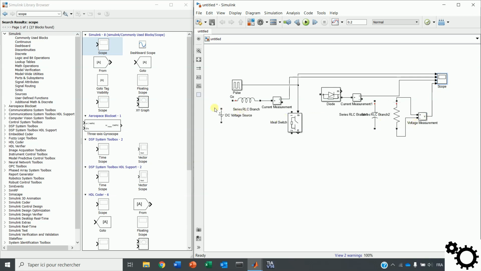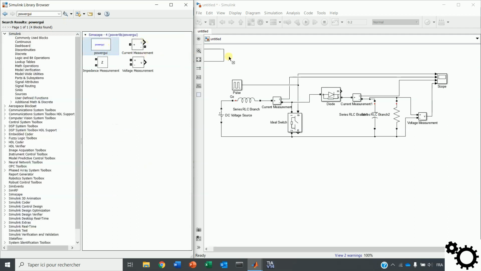We still have to connect the components together. And we still have to add the power grid block for solving the circuit.